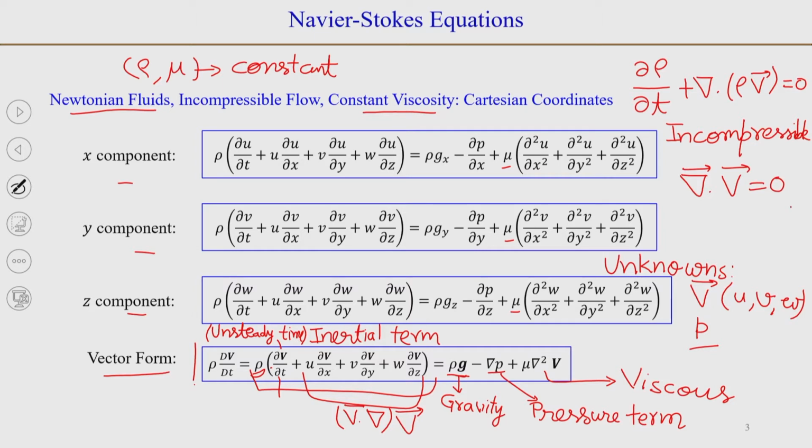So, you have basically 2 equations, one coming from the continuity or mass conservation and another from momentum conservation. So, you have 2 equations and 2 unknowns, and you can solve these equations for the unknowns, velocity and pressure.